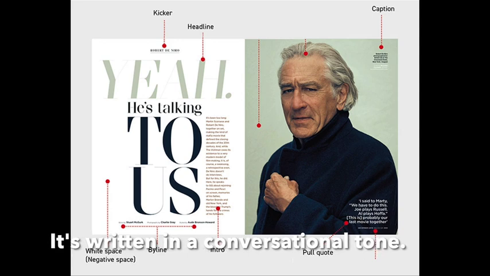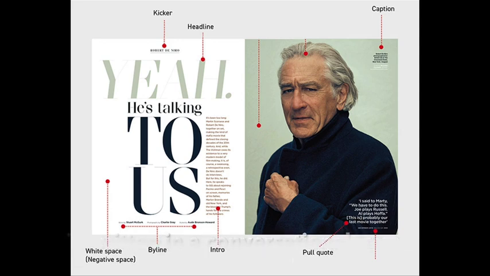Going down the right-hand side of that left page, the first paragraph of the story we would call an intro. It might be written as a headline or a subhead to introduce the rest of the article. It's important to have a byline with a story that tells us who has written the story, perhaps even who has done the photography, an illustration, or the design.